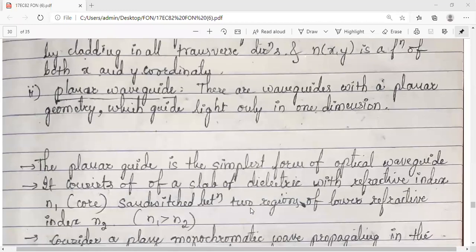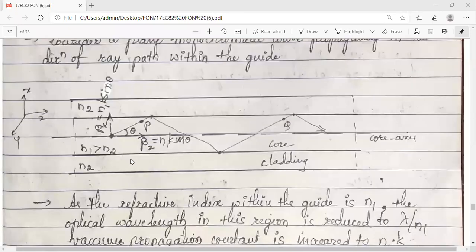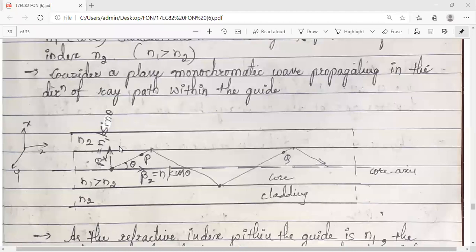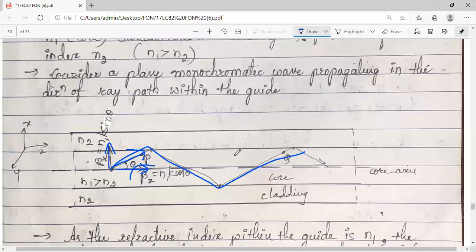That too, in our figure, we can see the z direction we have taken. Then when we considered the plane wave in the planar waveguide, when the wave travels, we resolved this wave vector into two components, beta z and beta x, out of which the propagation is along the z direction.